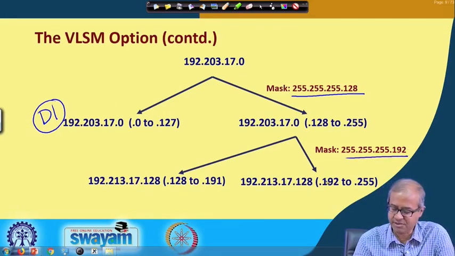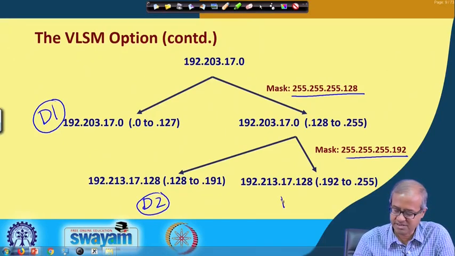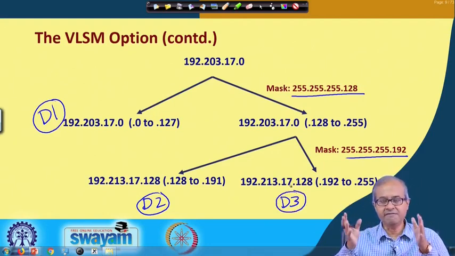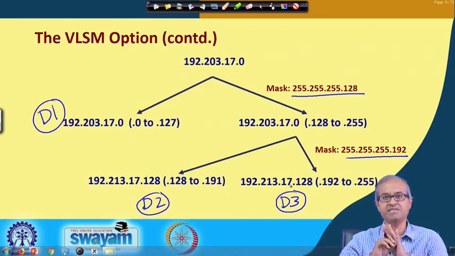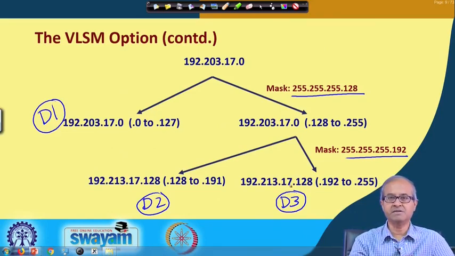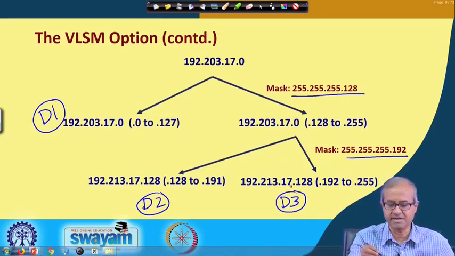This again is divided into two parts, this I assign to D2, this I assign to D3. So, the idea is that if your router inside your organization supports VLSM, you can have multiple masks along with this IP network you are using to provide whatever partitioning you require. This is an added advantage here.